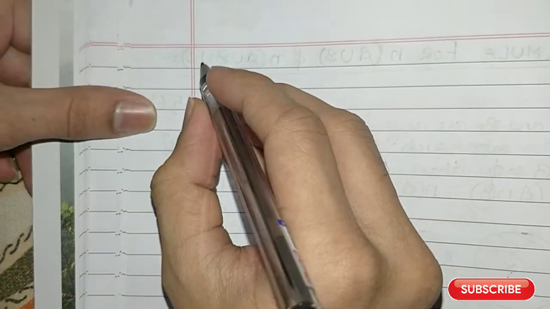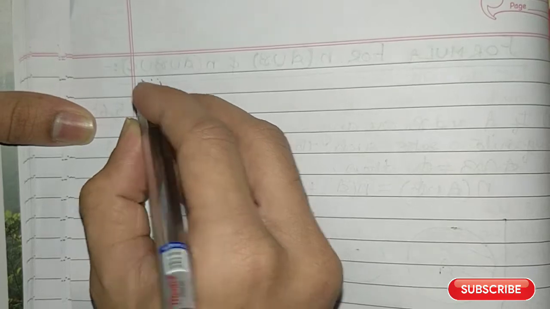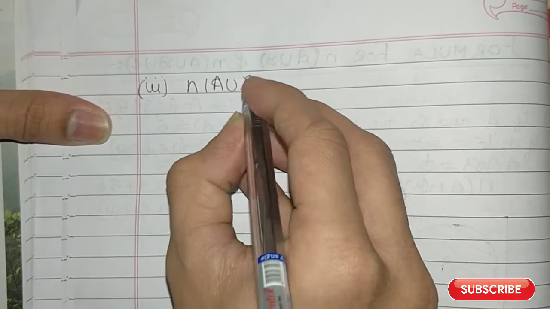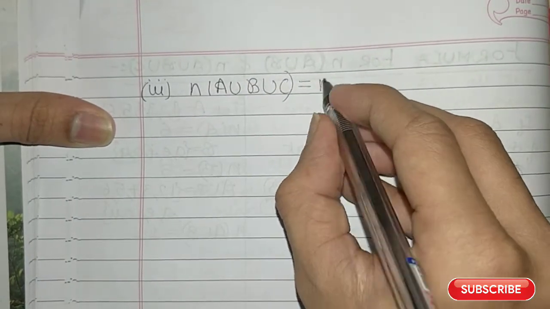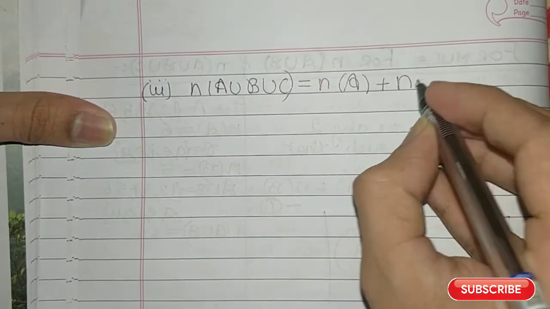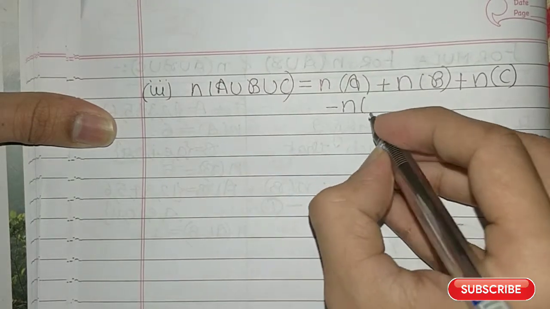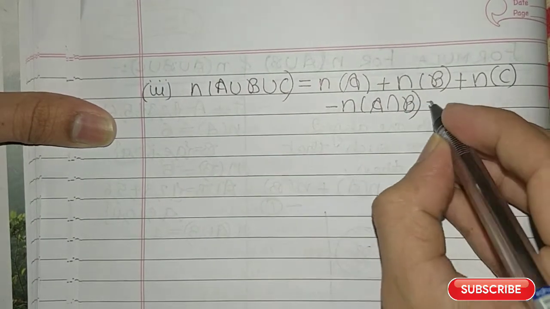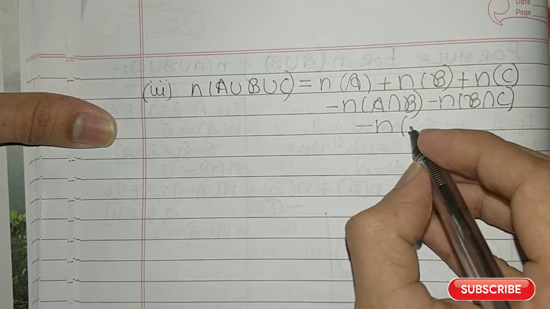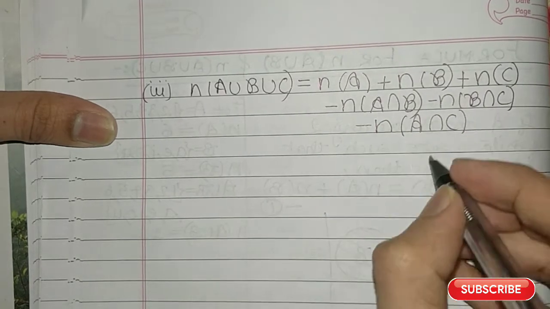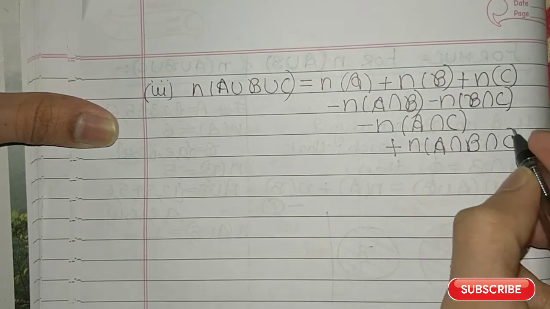So we have to prove this: number of elements in A plus number of elements in B plus number of elements in C, right, minus number of elements in A intersection B minus number of elements in B intersection C, right, minus number of elements in A intersection C plus number of elements in A intersection B intersection C, right.